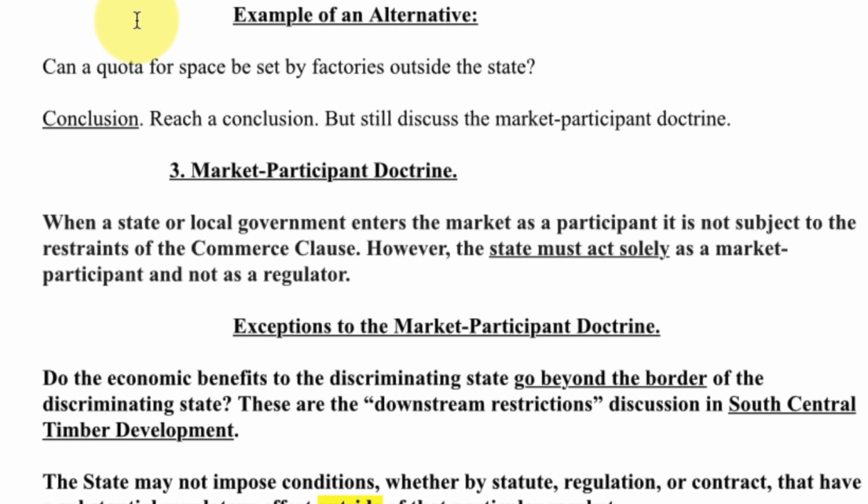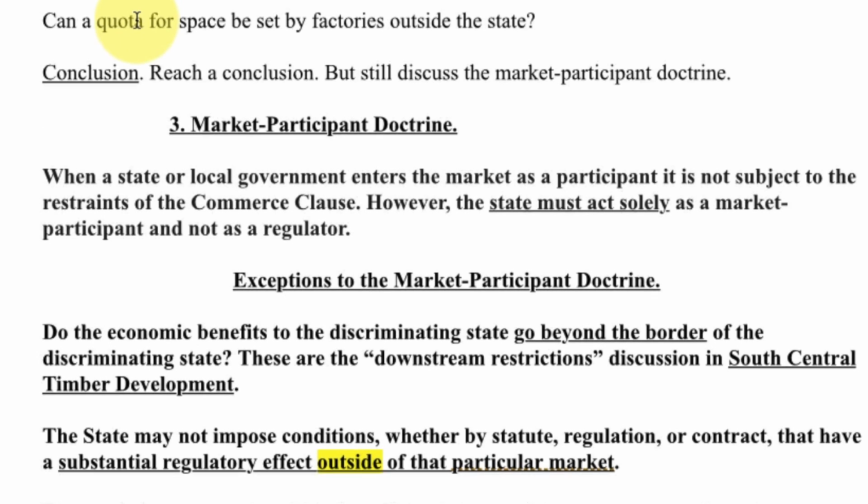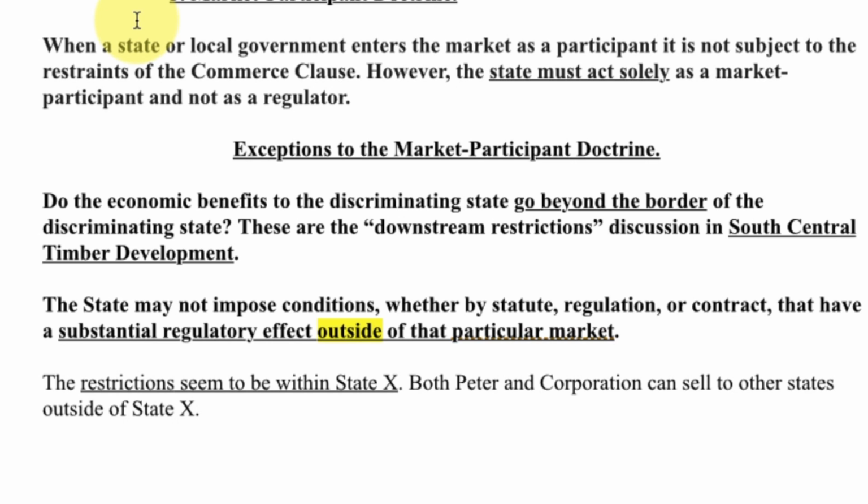Like I said, that's what you had to do here. Now, let's talk about that popular defense, the market participant doctrine. There, the state must act solely as a market participant and not as a regulator. In some past cases, you have the downstream restrictions from South Central Timber Development back in law school. Some of you guys remember that. There, the court invalidated the defense because they said that the benefits go beyond the border.